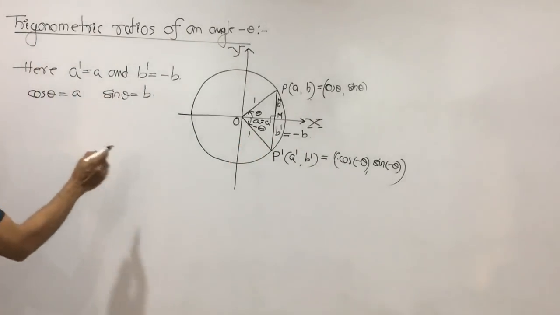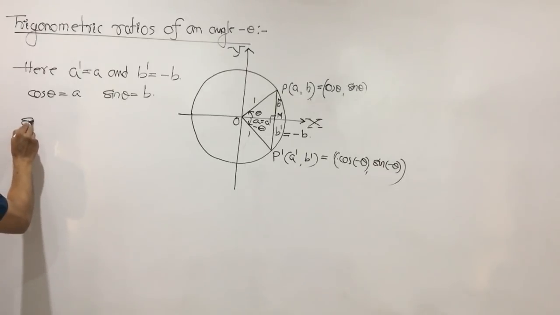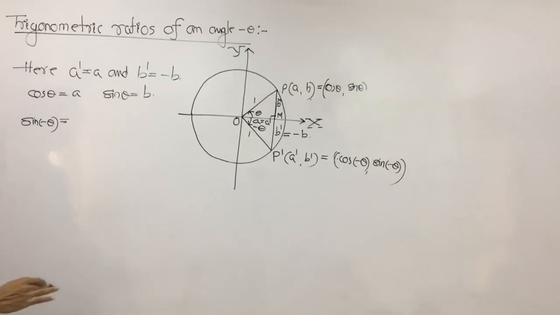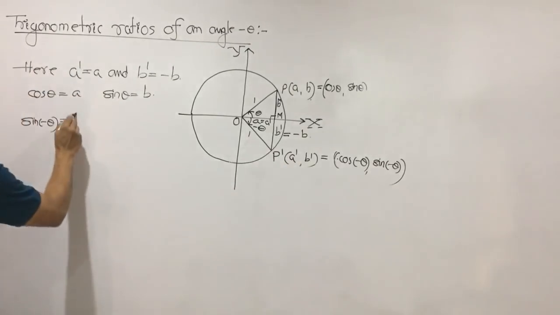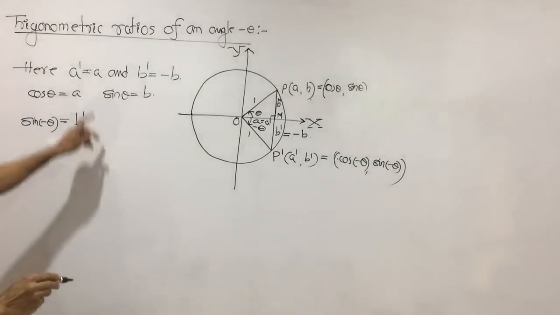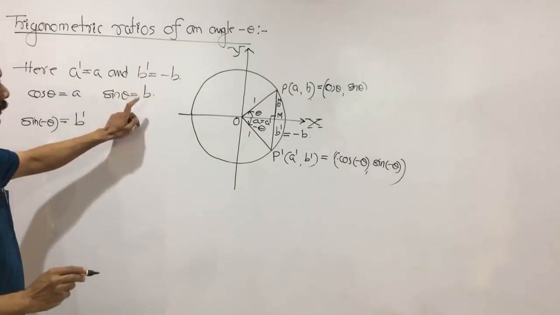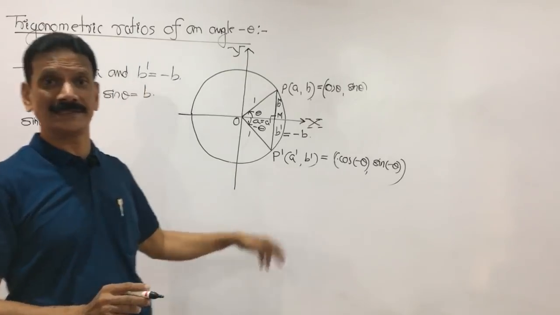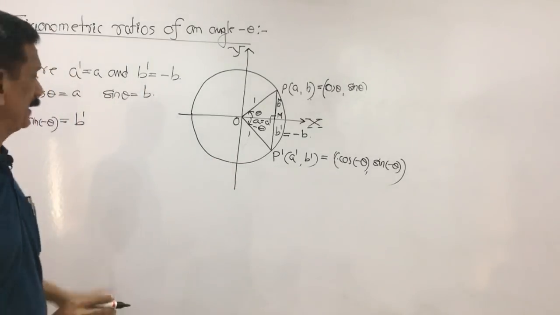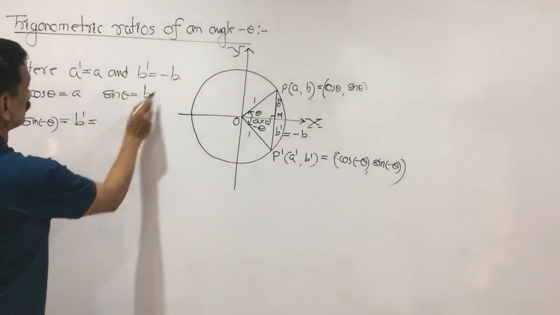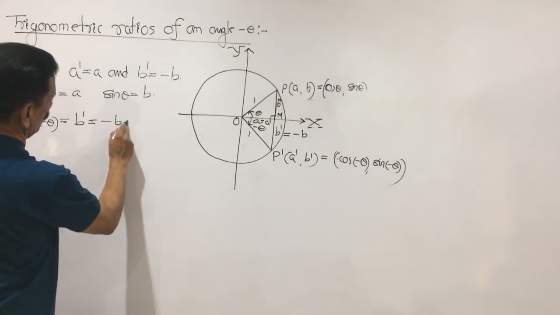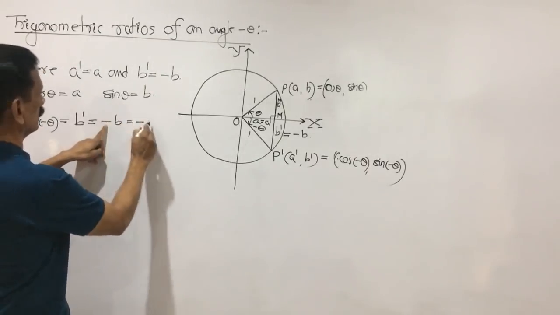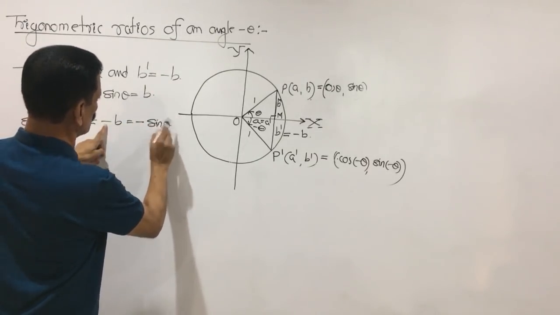Now I take sine of minus theta. Sine of minus theta is B dash, because ordinate divided by distance, B dash divided by 1, is B dash. And B dash is minus B. This minus I write as it is, and for B I put the value, which is sin theta.